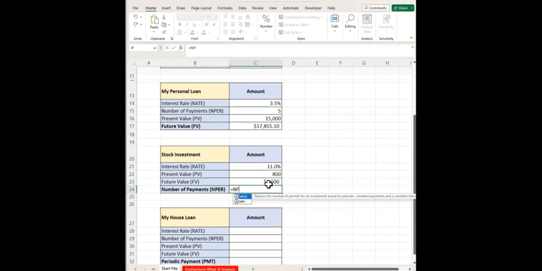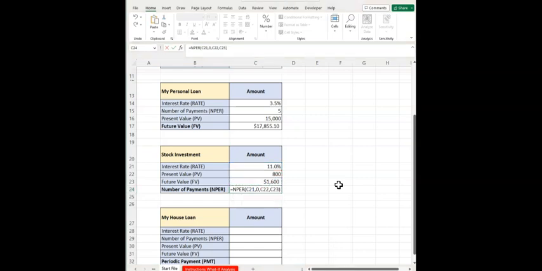So I'm going to hit NPER. I'm going to enter the rate of 11%, and I don't need to do any further calculations here because it is yearly. My payment is going to be 0 since there are no periodic payments being made. My present value is 800, and my future value is going to be C23, which is 1600.